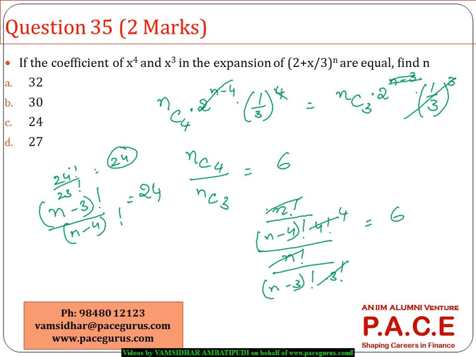So if the numerator has to be 24 factorial, n has to be 27. So 27 will be marked as the answer for me with the option choice of D in this case. So these kind of logical questions you have to be comfortable with in terms of solving. Alright, let's move ahead into the next question now.